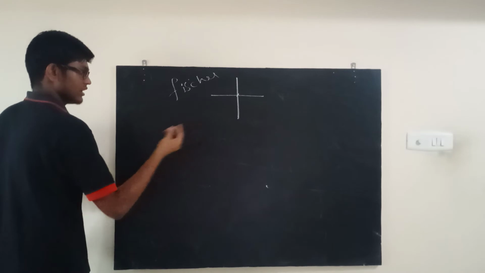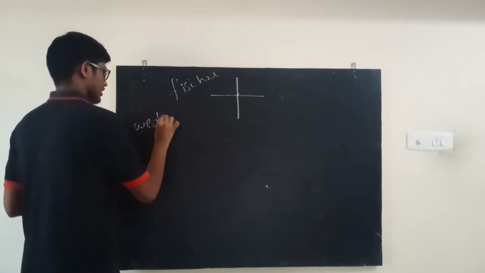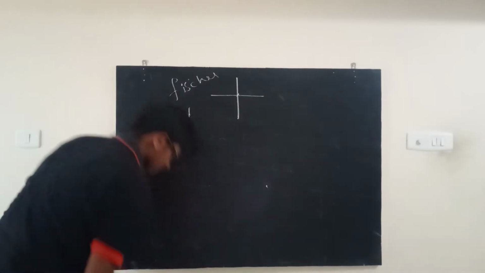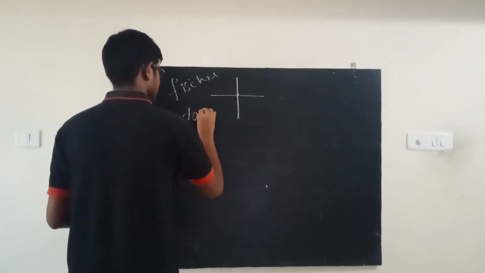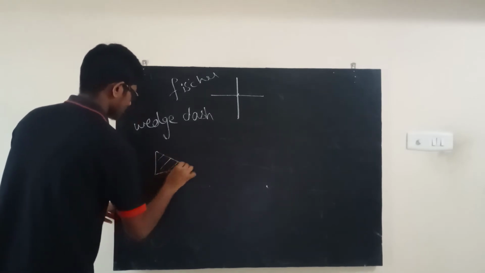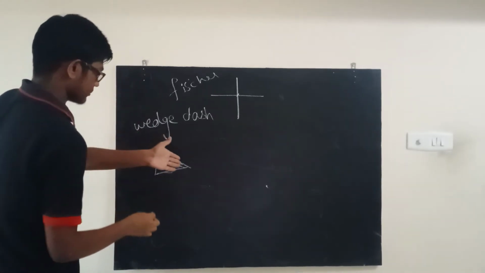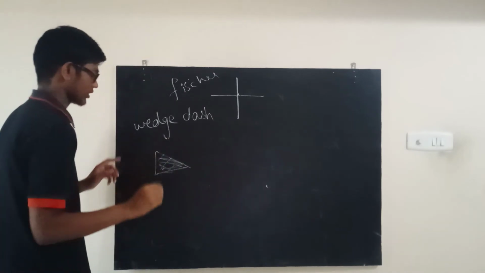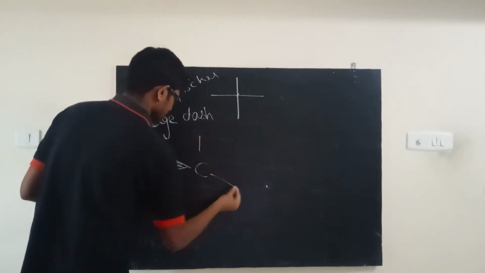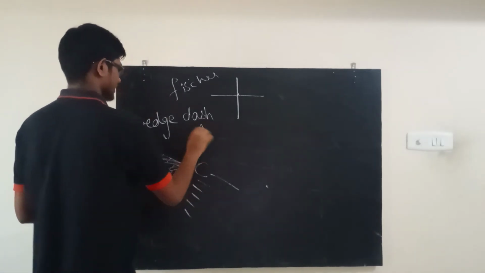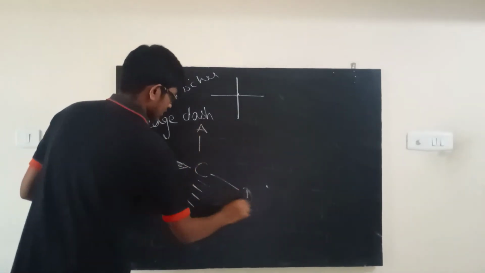Second one is wedge and dash. I'm pretty sure you guys have heard of this. If you represent the bond like this, it means it's outside the board, and if you represent it like this, it means it's inside the board. So you can represent something like A, B, C, D, whatever.